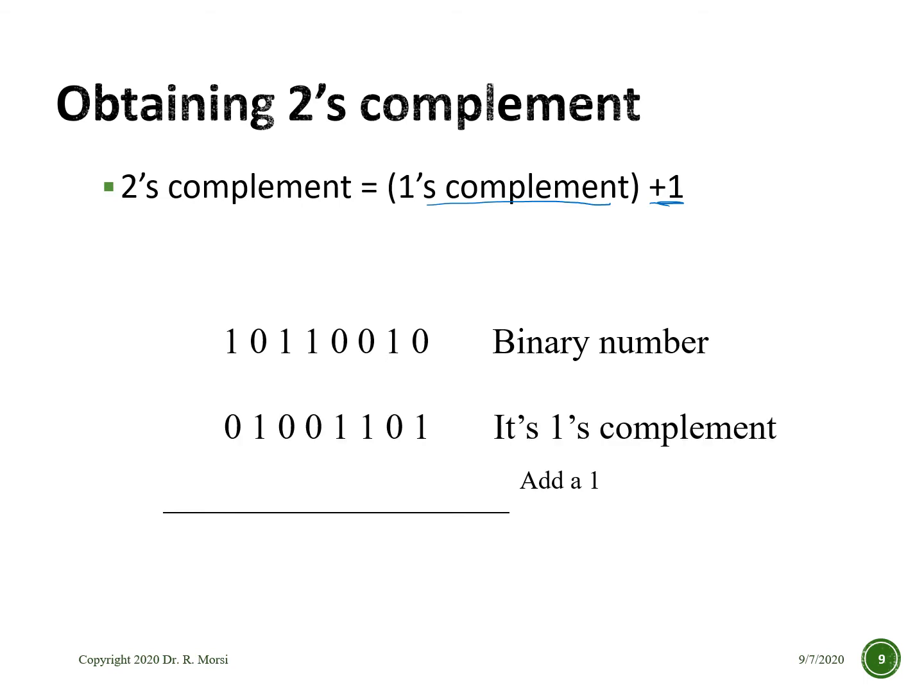We flip every 0 to a 1 and every 1 to a 0, and acquire the 1's complement of it. Then to the 1's complement, we add a 1. So we're going to go ahead and add a 1 to the 1's complement.